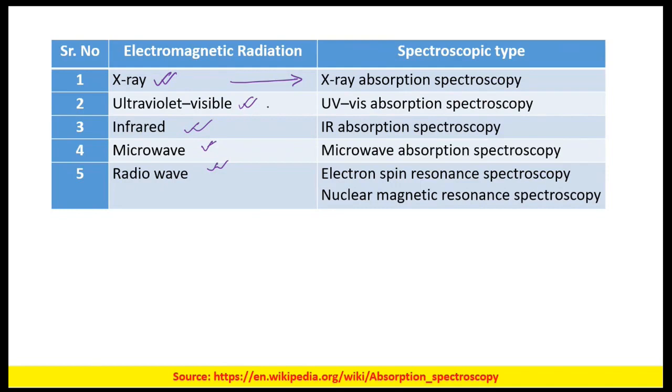With ultraviolet visible light, we call it UV-vis absorption spectroscopy. With infrared, it is IR absorption spectroscopy. With microwave, microwave absorption spectroscopy. And with radio waves, we can have electron spin resonance spectroscopy and nuclear magnetic resonance spectroscopy.